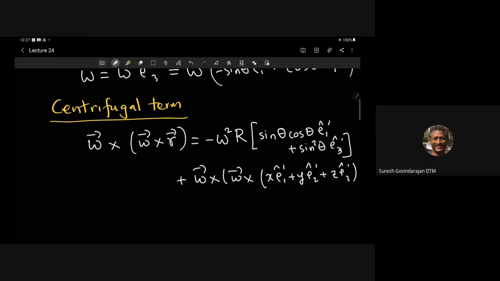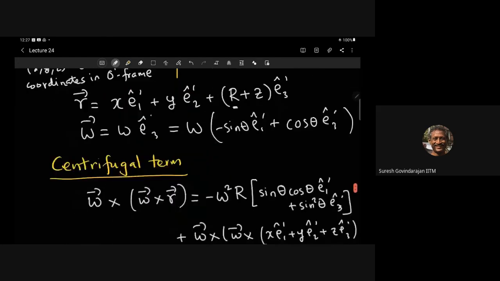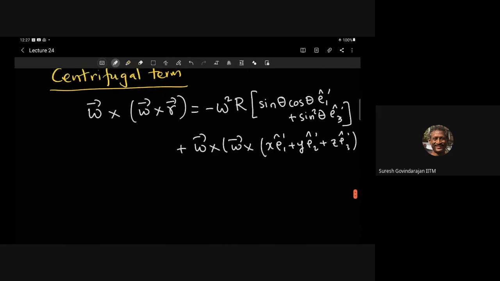One more way to understand why we need the R is also because the axis of rotation of the rotating frame is really passing through O. That's another reason to think about that. But now what I've done is I've separated the centrifugal term into two terms.